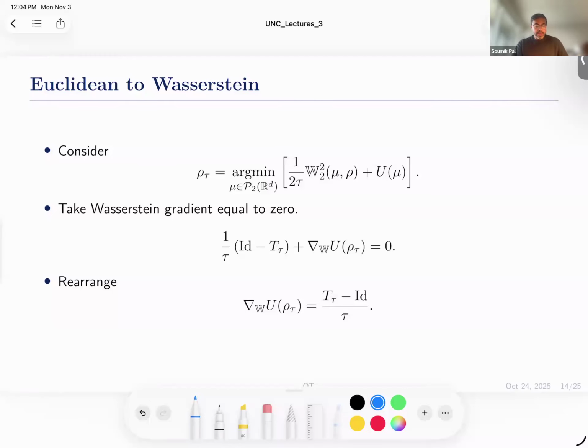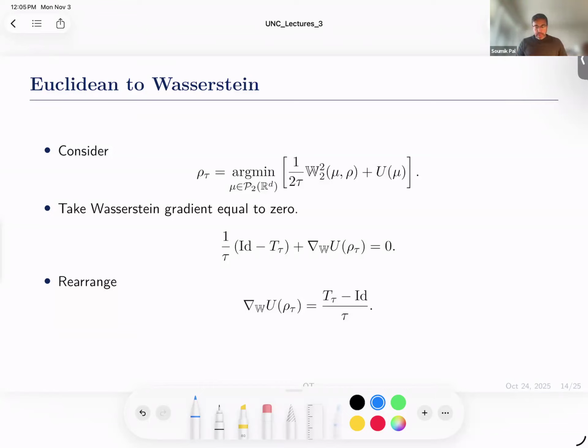Right? So how do I get this? If I have a function U which is minimized at a point, then any directional derivative along that point must be zero by Euclidean logic. And therefore, the Wasserstein gradient must be zero. So a natural way to solve this problem is let's just take the Wasserstein gradient on the right-hand side and put it equal to zero, and that gives me a characterization of what is rho tau.